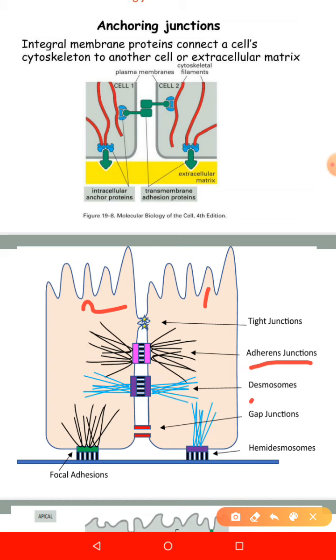And then there are also the desmosomes. The desmosomes are a cell-to-cell attachment where the intermediate filaments connect to those of adjacent cells. The desmosomes are also called macula adherens.